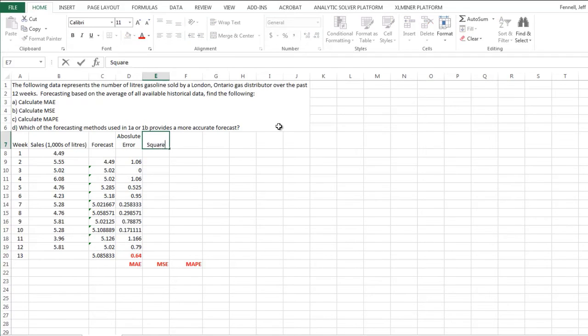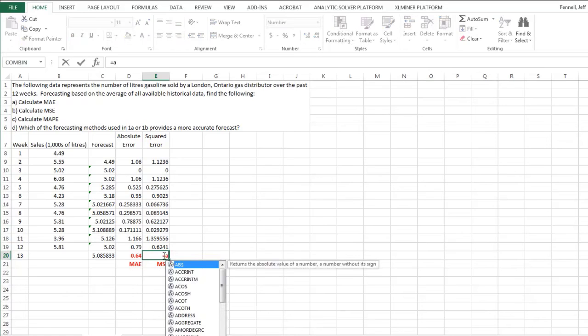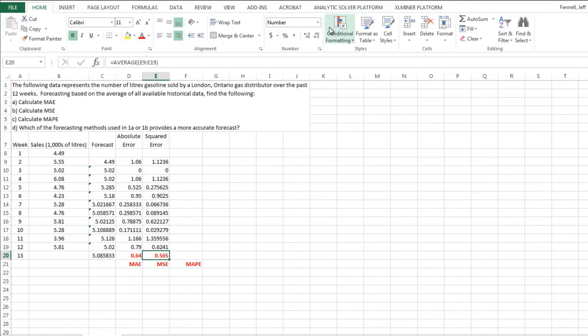Calculating the squared error, simply squaring the absolute errors that we just calculated, always cell referencing to make our work easier. Finishing it off, MSE is simply the average of all of those squared errors, and once again, to two decimal places, we get MSE of 0.57.